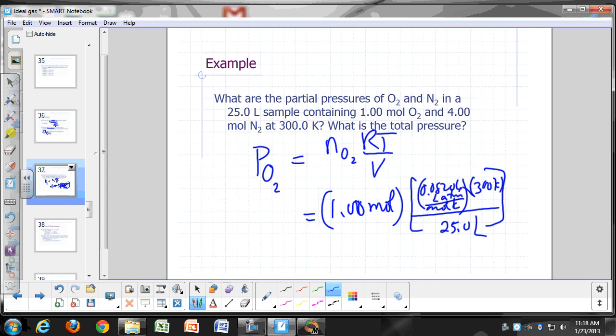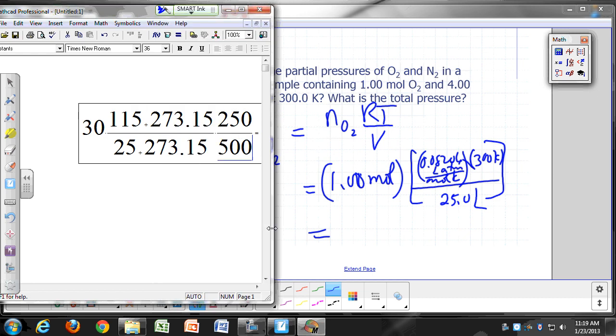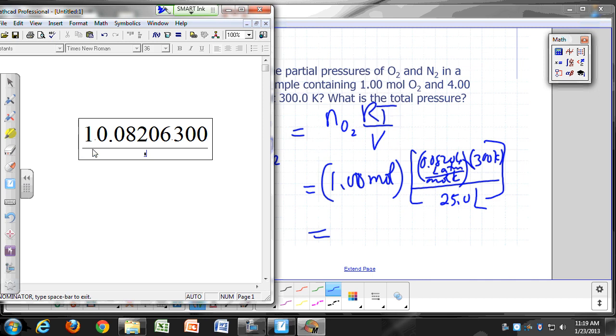That should be close to 25, right? That's RT at room temperature. So, what is this number? What is this partial pressure? Okay, so you have 1 times 0.08206 times 300 divided by 25.